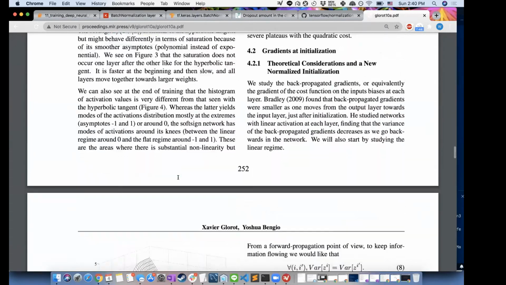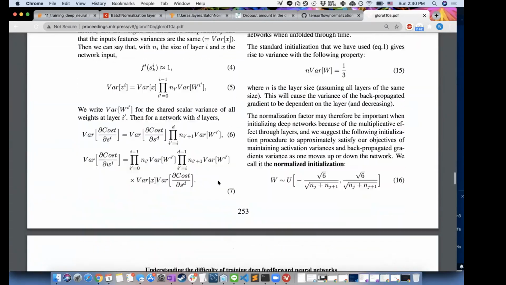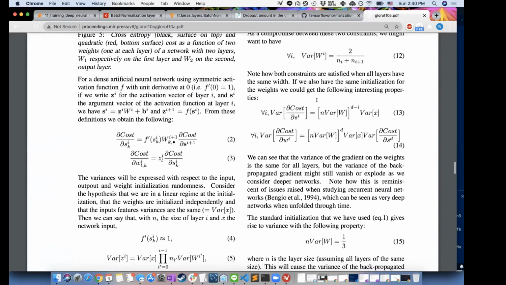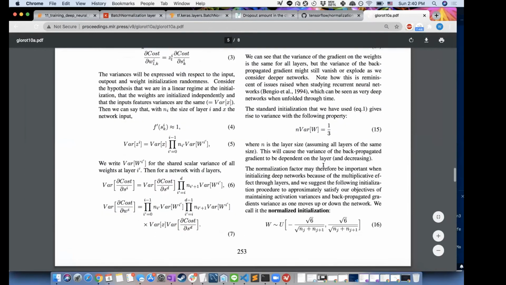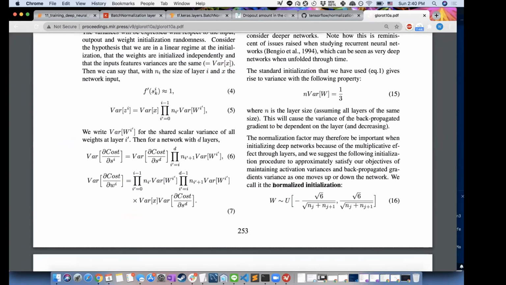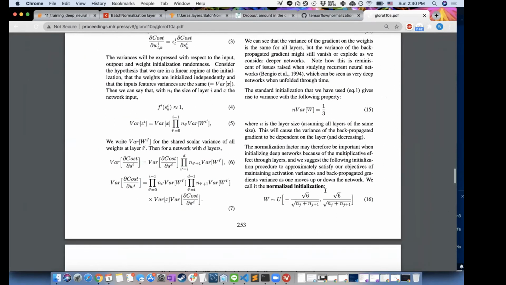But on the other hand, they developed their own initialization method, which uses the square root of 6, where n is the layer size, and it went through a bunch of calculations to derive that. They call it normalized initialization. So this is what they meant by normalized initialization at that time.